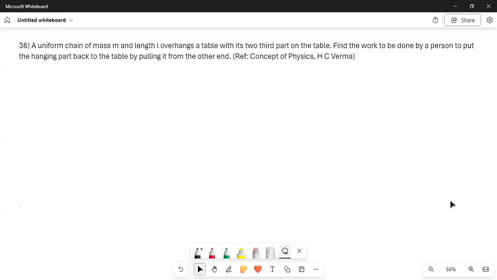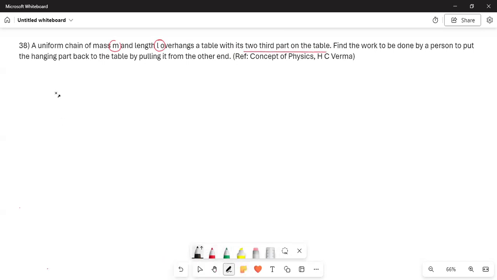Let's try this problem number 38 of your textbook. The problem says that there is a uniform chain of mass M and length L overhanging a table with two-third part on the table.